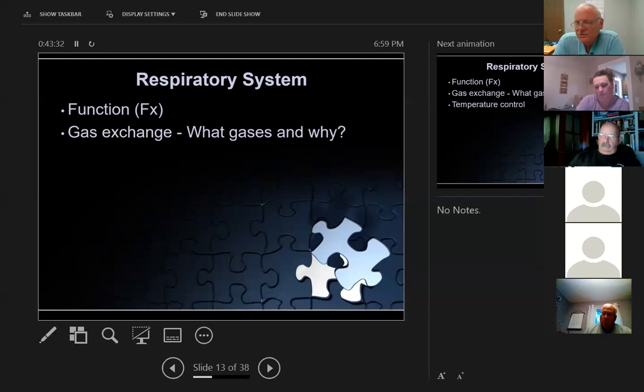The purpose of the respiratory system is to bring in oxygen and make sure it gets to the circulatory system to be taken to all the body cells. Just as important is removing the carbon dioxide from the circulatory system that was given off by the cells and getting it to the respiratory system so it can be exhaled back out.